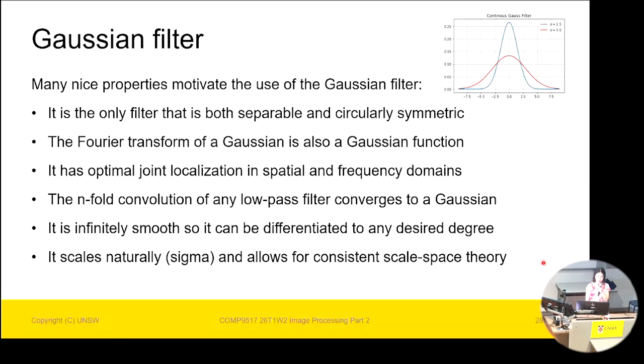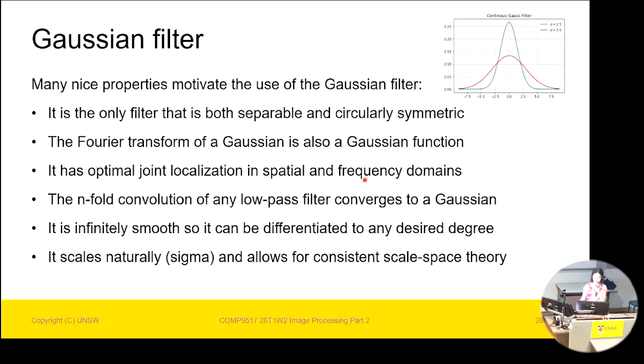Okay, so back to the properties. This is the same slide as last week, but I just want to reiterate some of them. The Fourier transform of a Gaussian is also a Gaussian function. So now it should be clearer why it's still a Gaussian. And this one I also talked about last time.